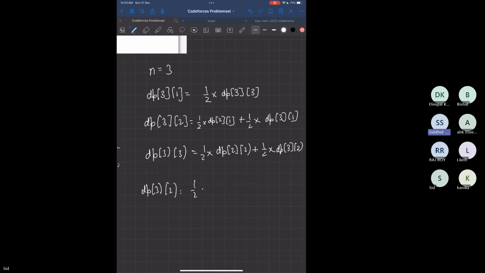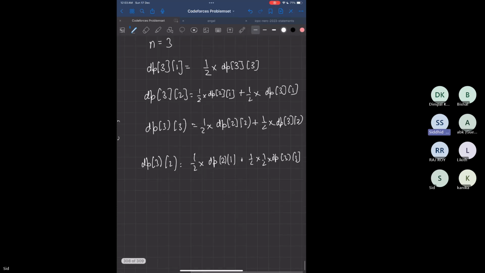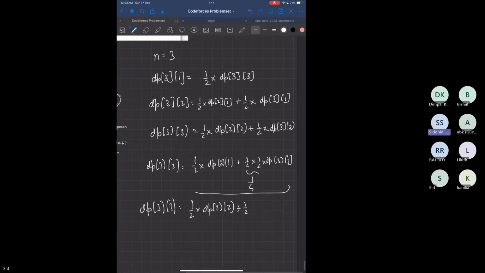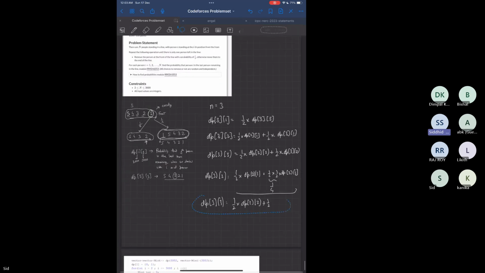It becomes half into dp 2, 1 plus half into dp 3, 1, which is half into dp 3, 3. So this becomes 1 by 4, and dp 3, 3 becomes half into dp 2, 2 plus half into this whole part. So basically, let's move this to the side.